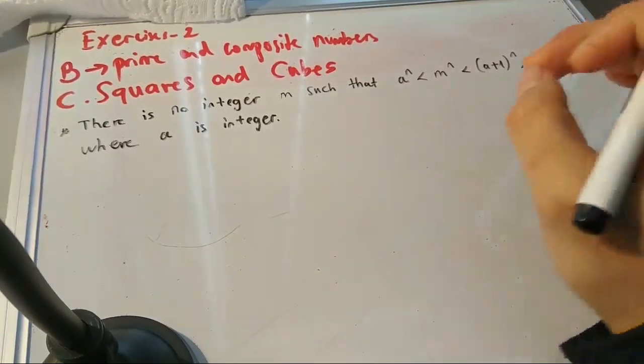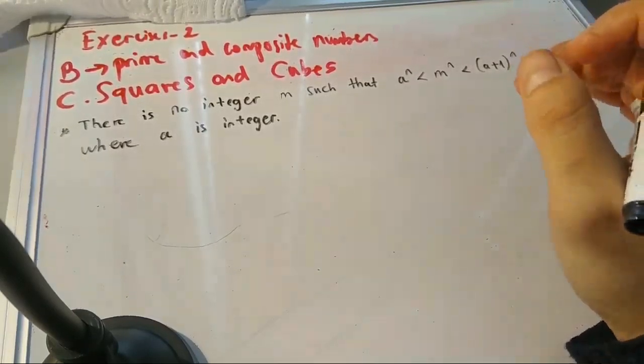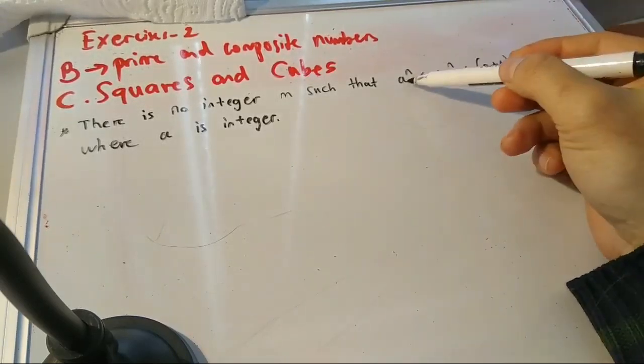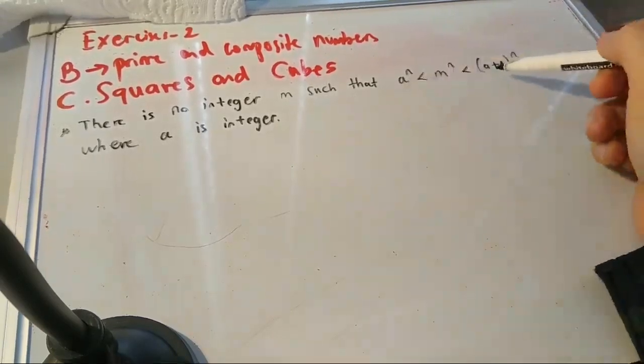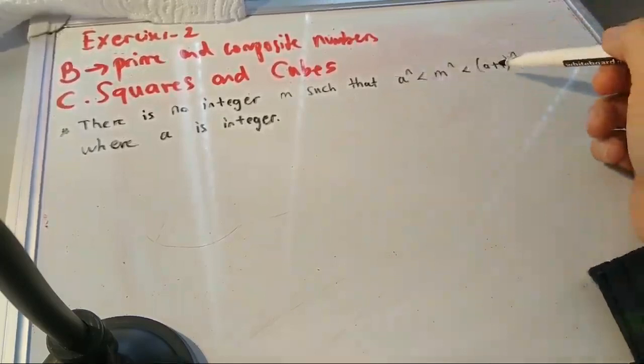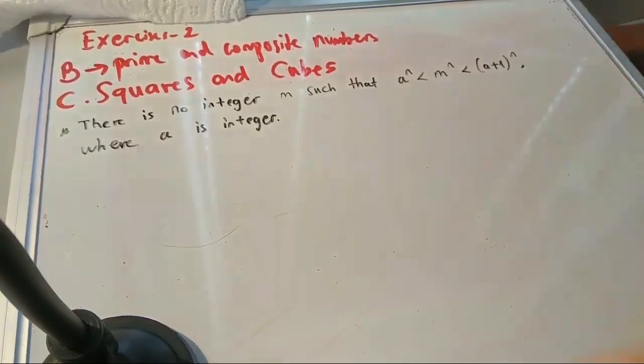So let me tell you something here. If m to the power of n is between a to the power of n and the consecutive (a plus 1) to the power of n, there's no integer for m.